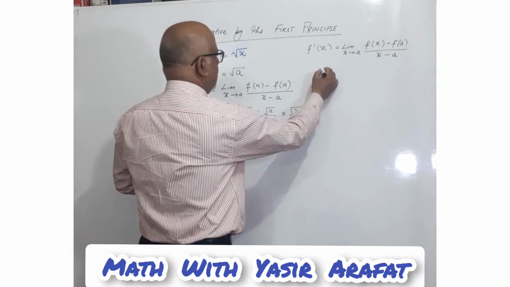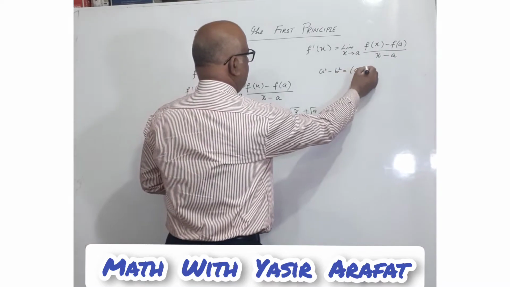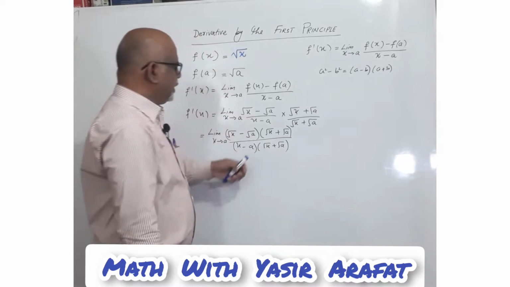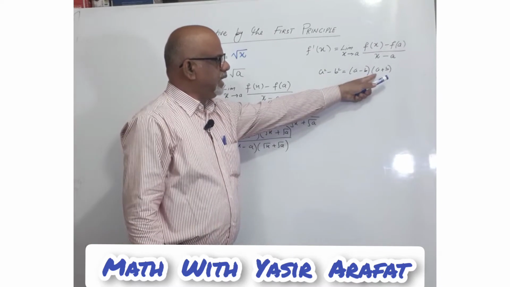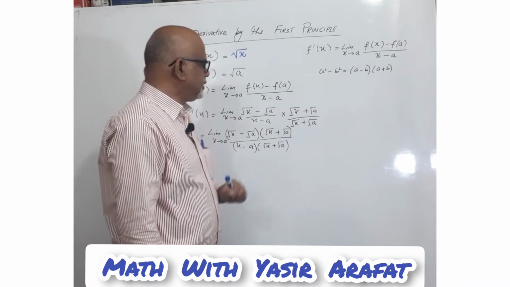This is the formula a square minus b square, it is equal to a minus b and a plus b. So here a minus b, a plus b, it is given to you, so that will be equal to a square minus b square.